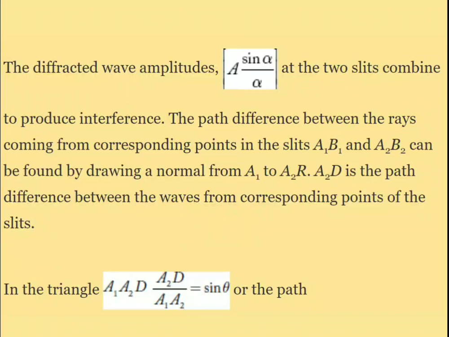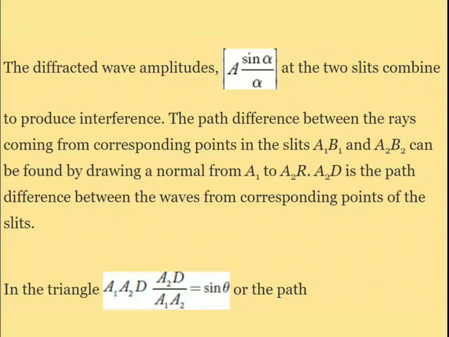In this equation, A sin alpha by alpha represents the diffraction pattern, but we have to find the formula for intensity in the case of interference, when the light rays coming from slit A1 B1 and slit A2 B2 are superimposed.